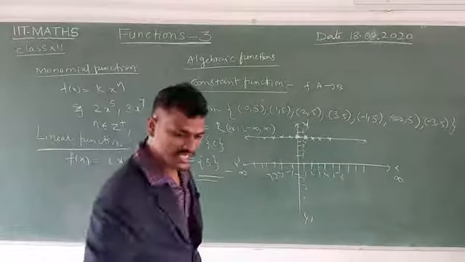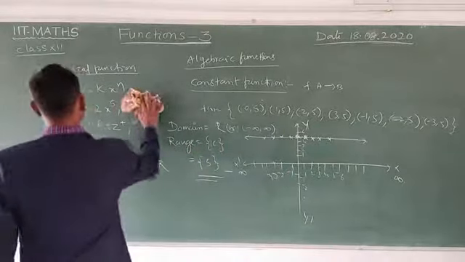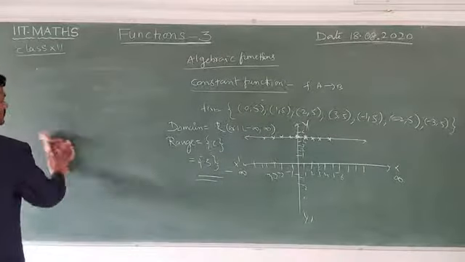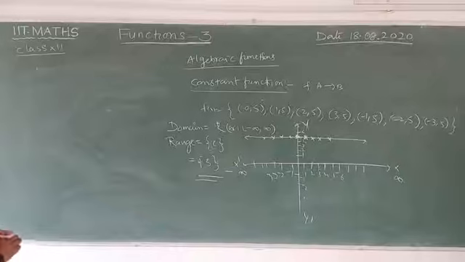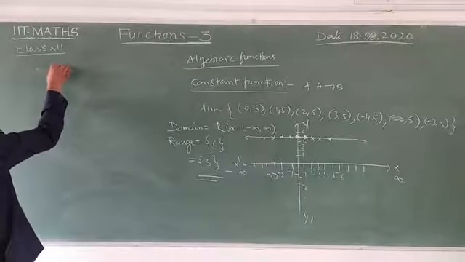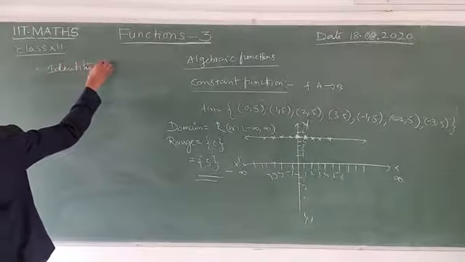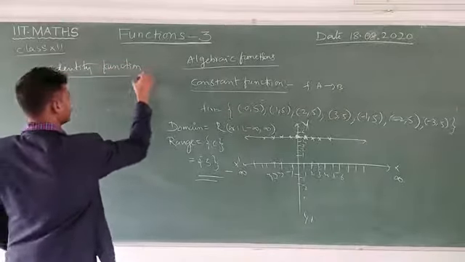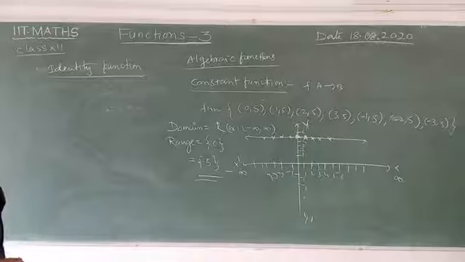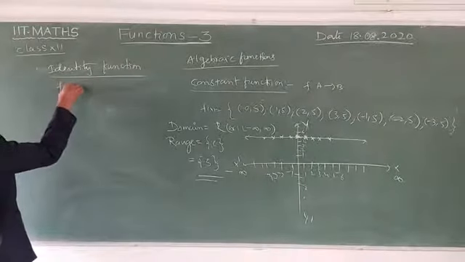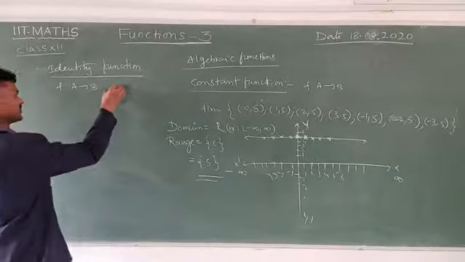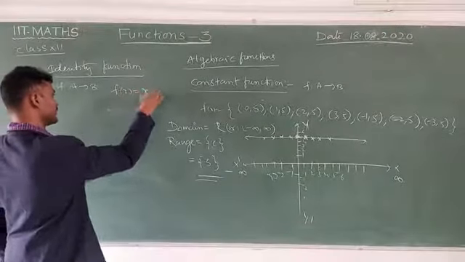Next one is identity function. Note down that one. Identity function. See, a function f mapping from A to B is said to be an identity function if the function is in the form of f of x is equal to x.